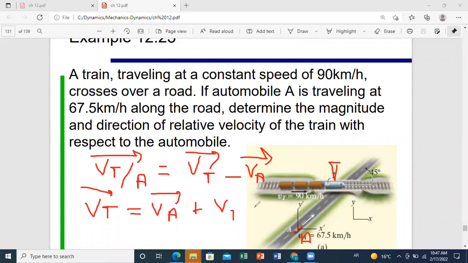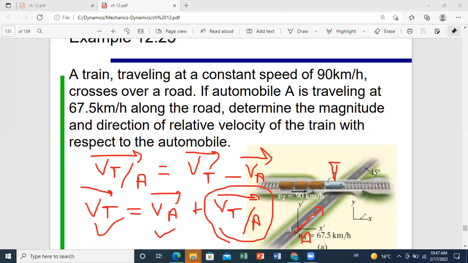Here we use exactly this formula, but because we have Vt and Va absolute, we can get the relative one. The relative velocity is the difference between the velocity of the train and the velocity of the car. Since they gave me the direction of motion for the train and the car, I can get my vectors Vt and VA in the absolute frame.